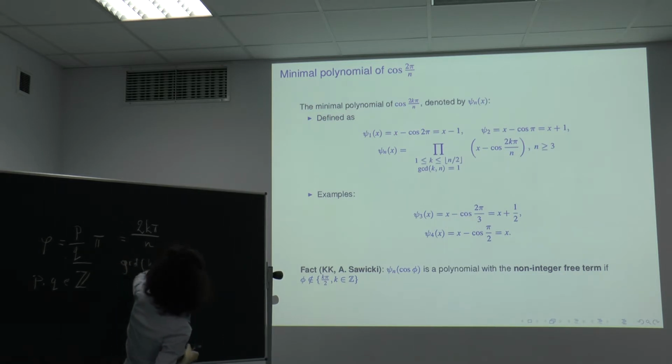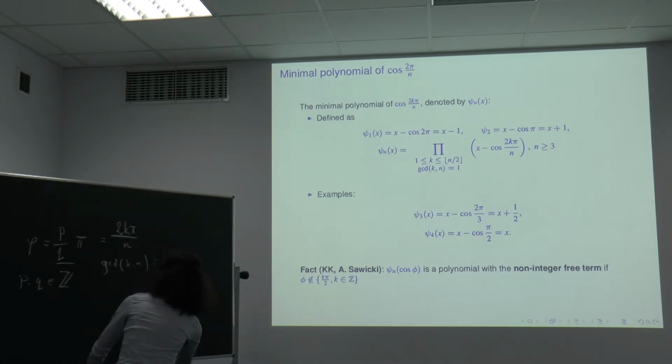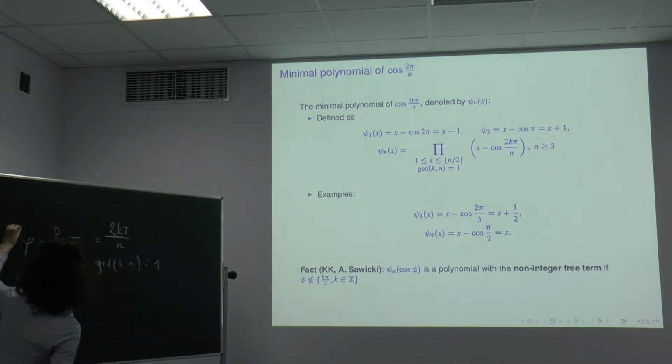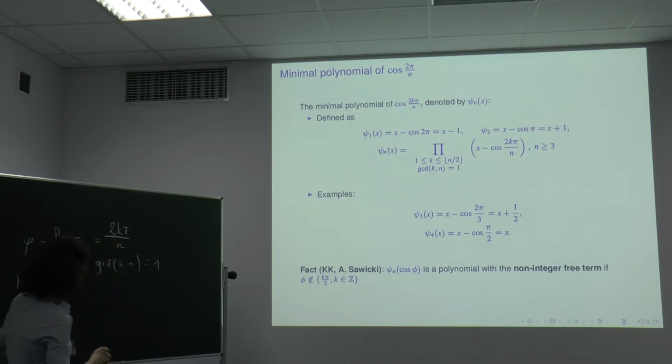This means their greatest common divisor is equal to 1. For each rational multiple of pi, we can find k and n such that this equality holds. So let us express the angle phi in this form.